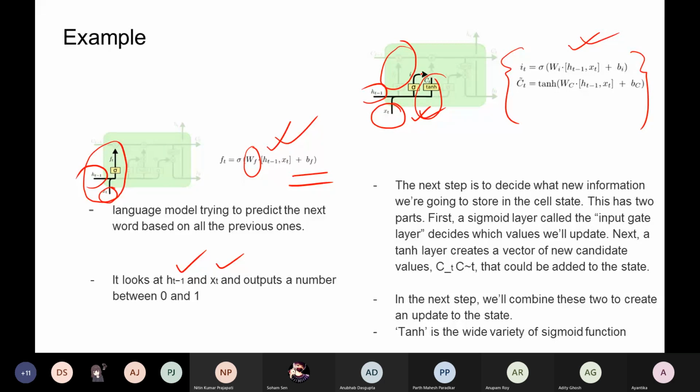The next step is to decide what new information we are going to store in the cell state. The first one, in a language model trying to predict the next word, is which part we will allow coming from the previous part.